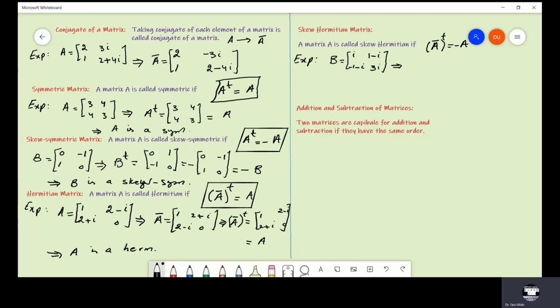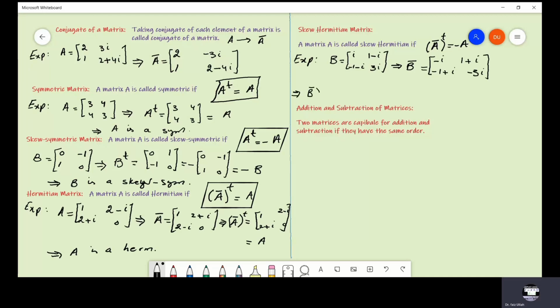Let us take its conjugate, which will change the sign of imaginary part. So we can get minus iota, 1 plus iota, minus 1 plus iota, minus 3 iota. Now let us take its transpose.